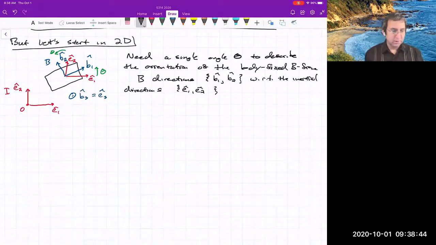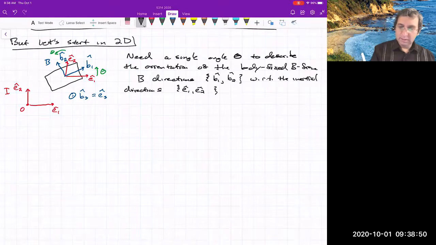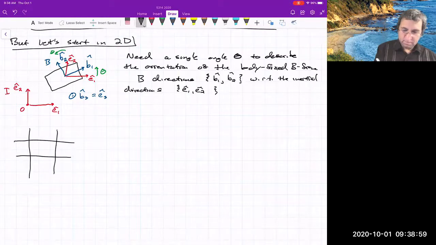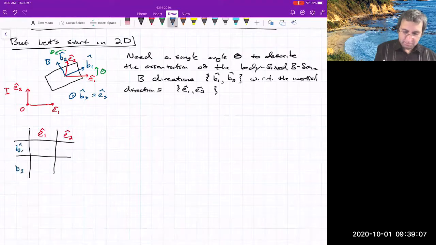Well, we've used that, writing things in terms of a table. So we could do that again. If you remember this kind of table thing. I'll write a table. Got the E directions up here, the B directions here.